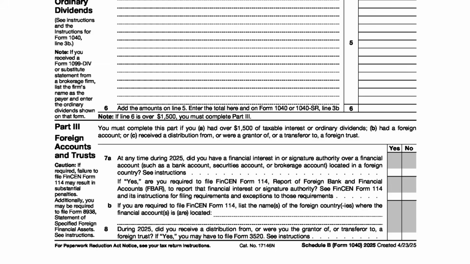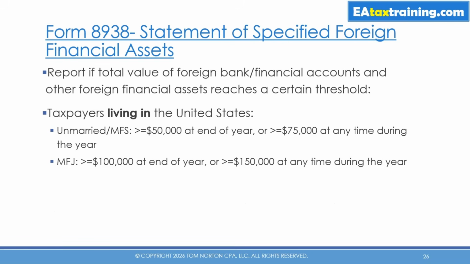The next form you may be responsible for filing is Form 8938, Statement of Specified Foreign Financial Assets. So for this form, you are going to report and file this form if the total value of your foreign bank and financial accounts and other foreign financial assets reaches a certain threshold amount. So if you are at or over that threshold, you have to file this Form 8938. If you're under the threshold, you do not.